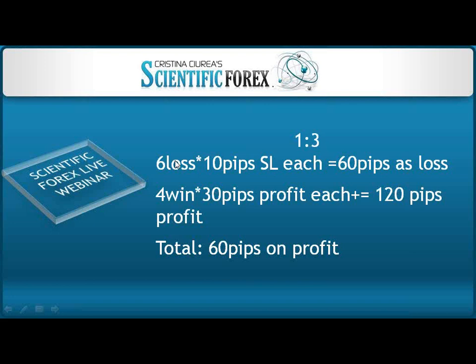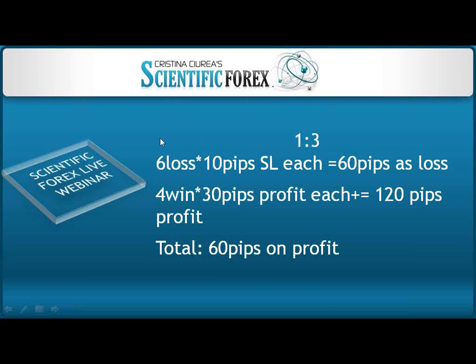So our help will come not from the accuracy of the signals, because on the 5-minute chart we don't have too much accuracy. The best accuracy we have is on the 4-hour time frame.